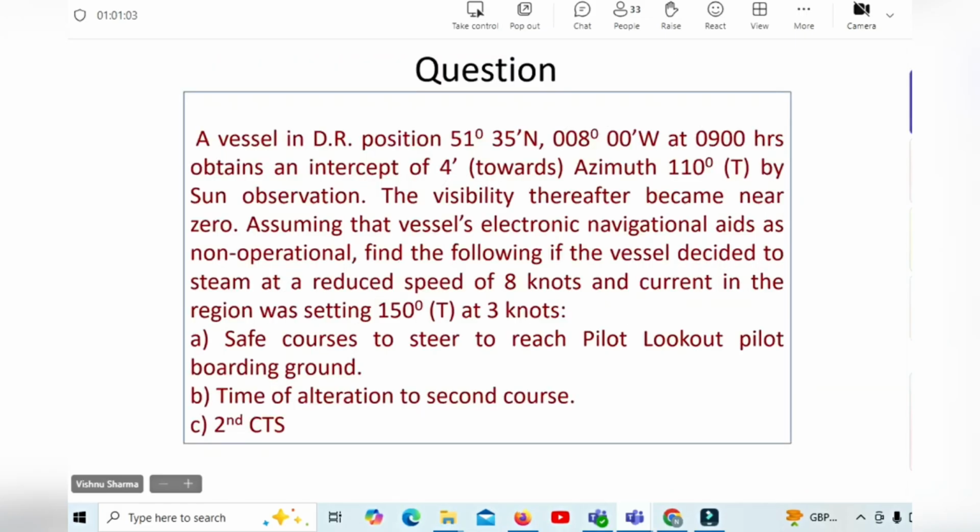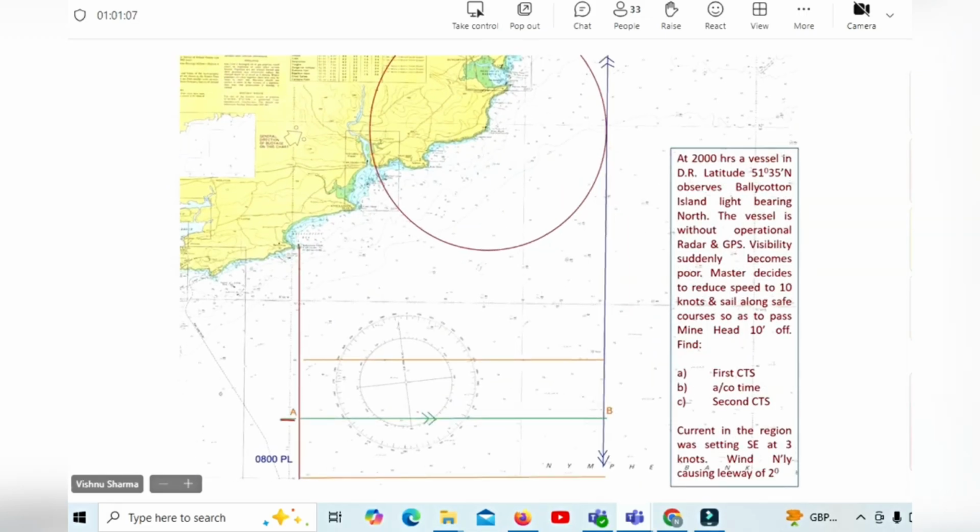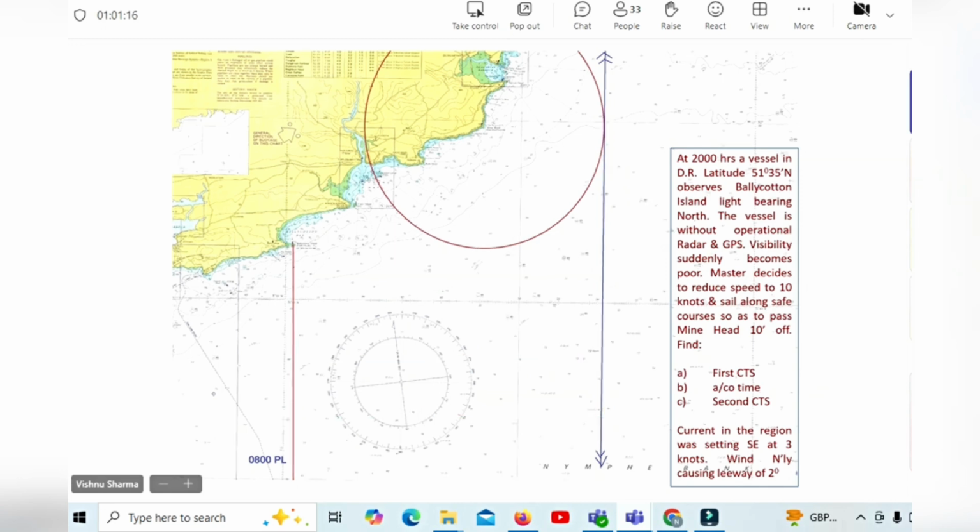Okay. Suppose this zone was not safe. Let's come here. I draw this safety zone and I find this is not safe for me. Suppose, guys, let us say here was the DR lat. Suppose there is an island here.